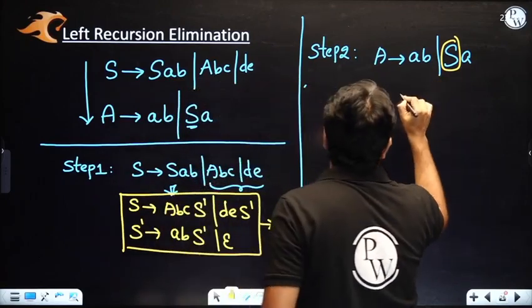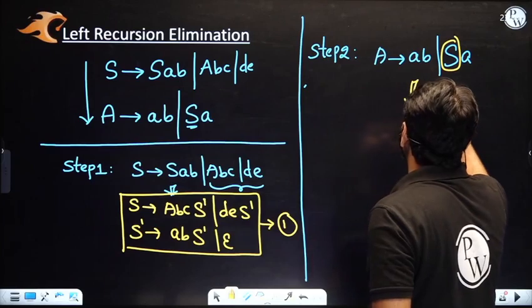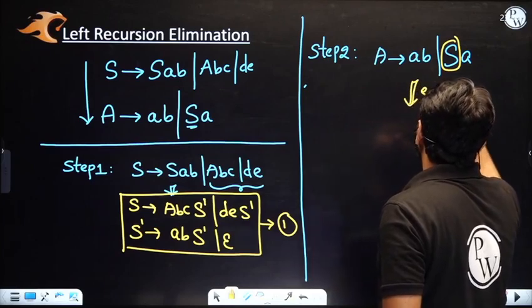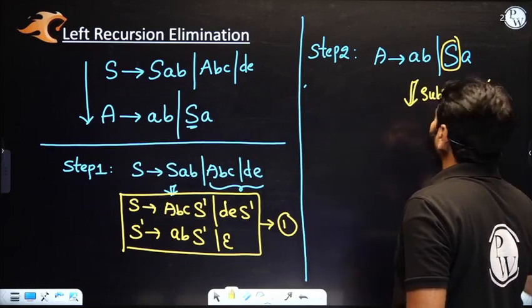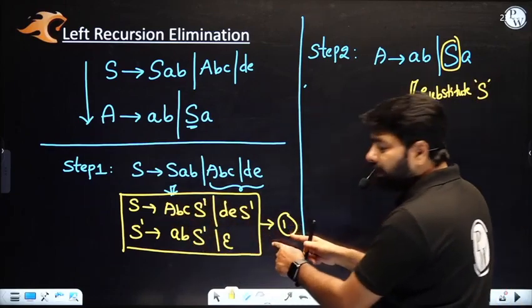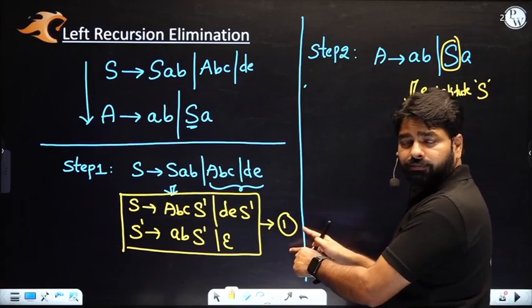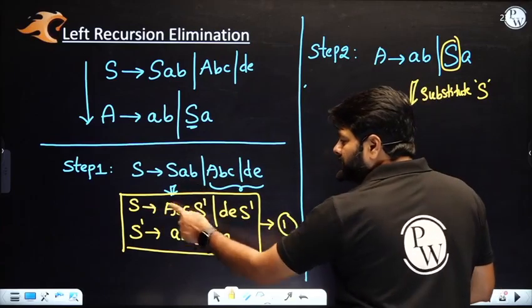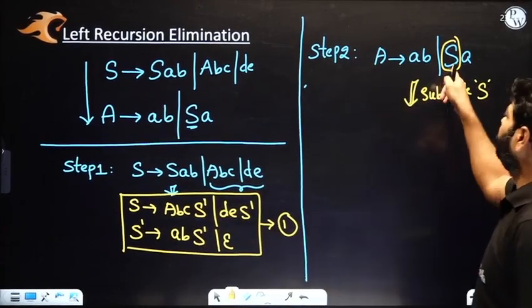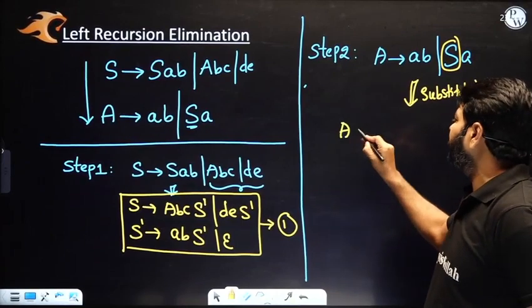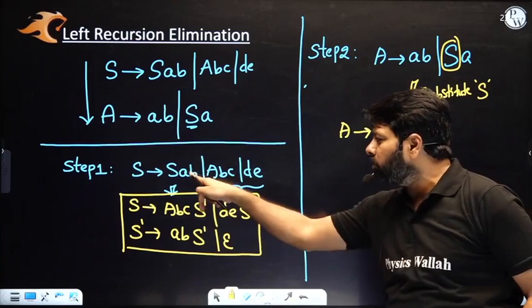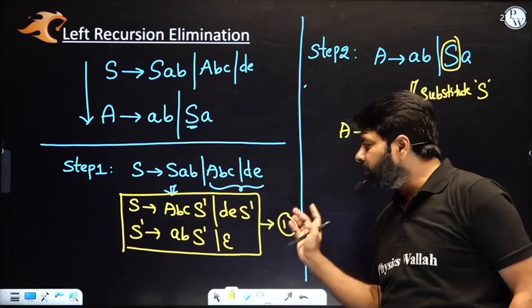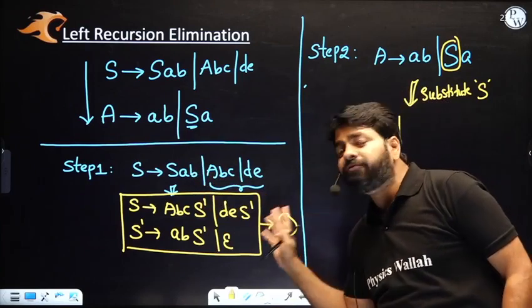What are the S productions? I'm going to substitute S here. The final productions only we substitute. S has two productions. I'll put them here. So what is the result you get? A derives AB, and these productions only you substitute, not those productions. We always substitute what is there in the final answer.